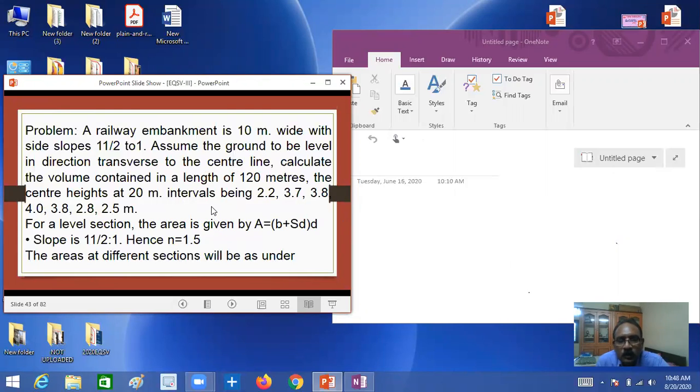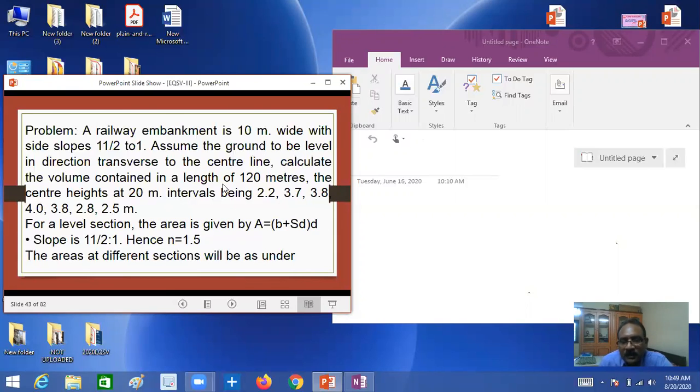Calculate the volume contained in a length of 120 meters. So the length of the embankment is 120 meters. The center heights at 20 meter intervals are 2.2, 3.7, 3.8, 4, 3.8, 2.8, and 2.5 meters.